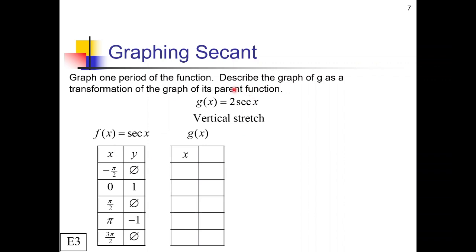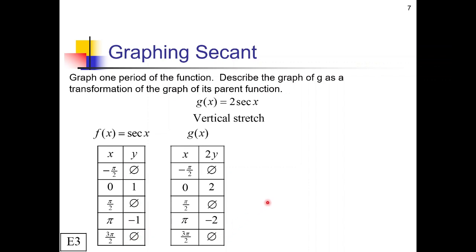But the y is getting multiplied by this 2 here. So for the x's, we still have negative pi over 2, 0, pi over 2, pi, and 3 pi over 2, just like before. For the y values, we have undefined, 2, undefined, negative 2 rather, and another undefined vertical asymptote.